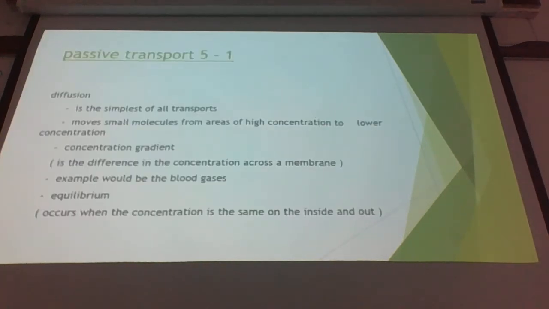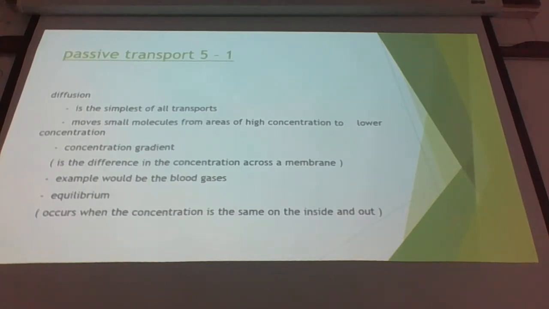Okay, so the simplest, again, is diffusion. It's the simplest of all the transports, and it moves small molecules like blood gases. That would be the best way to look at what diffusion deals with: movement of oxygen in and carbon dioxide out for animals, and then of course it's just the opposite for plants. The oxygen goes out, carbon dioxide goes in.